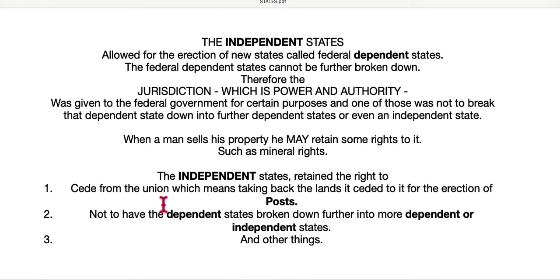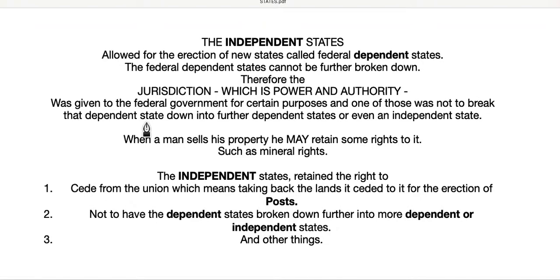The independent states allowed for the erection of new states called federal dependent states. The federal dependent states cannot be further broken down. Therefore, the jurisdiction, which is power and authority, was given to the federal government for certain purposes, and one of those was not to break that dependent state down into further dependent states or even into an independent state.